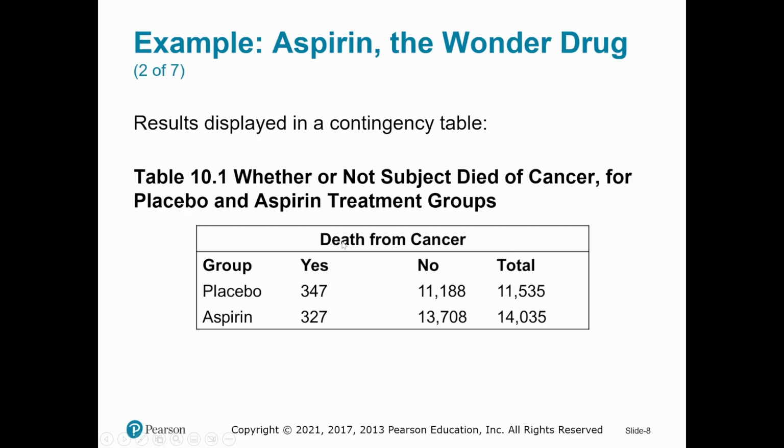We're comparing the death rate or death proportion given placebo administration compared to the death rate or the death proportion given aspirin administration. And so when you divide this by this, you're going to get a proportion. And when you divide this by this, you're going to get a proportion. And it's your choice what you call P1 or P2.